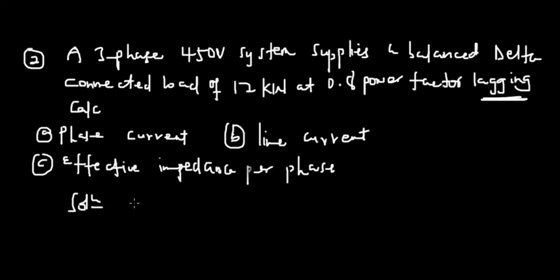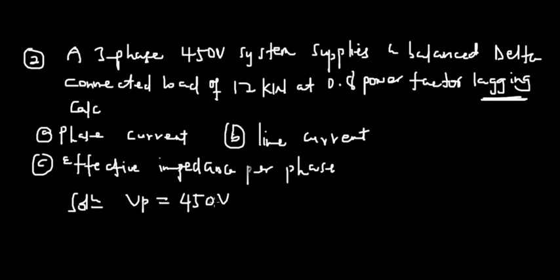So let's write out our parameters. We have VP, the phase voltage. This is a 3-phase delta, so the phase voltage is 450 volts.